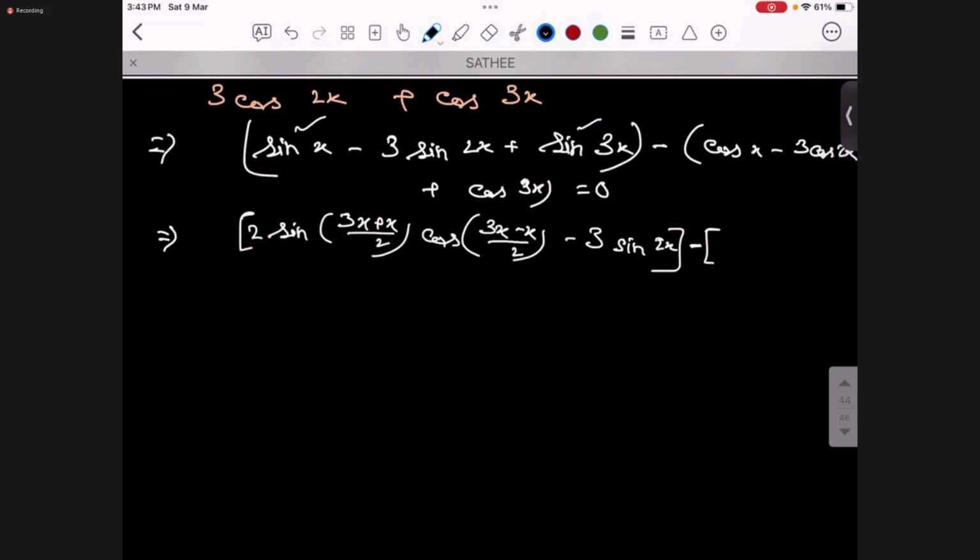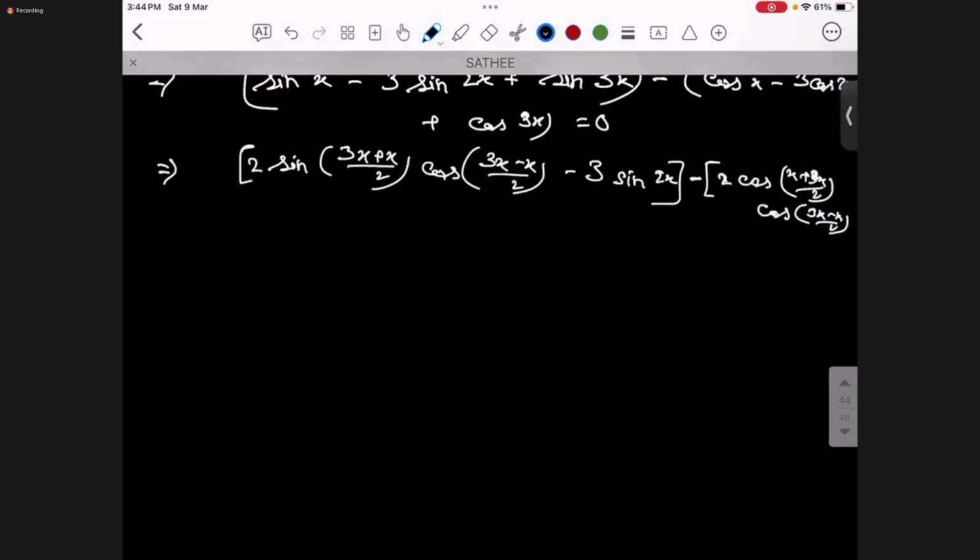The formula for cos x plus cos 3x will be 2 cos of (x plus 3x)/2 cos of (3x minus x)/2 minus 3 cos 2x. This is equal to 0.